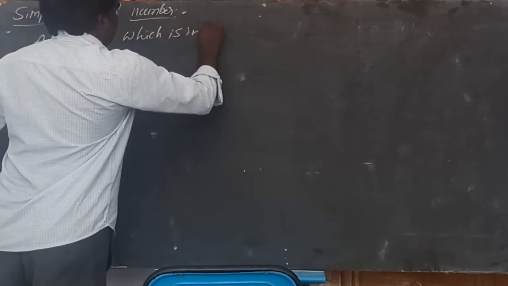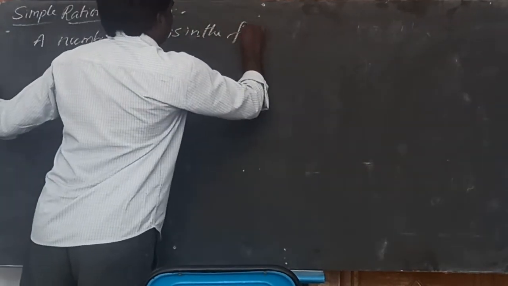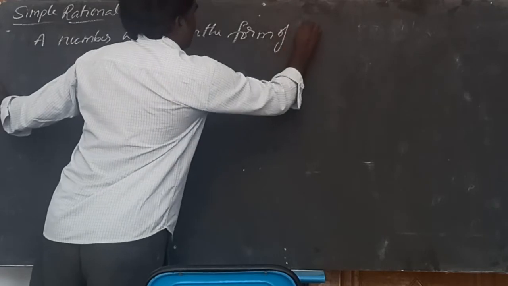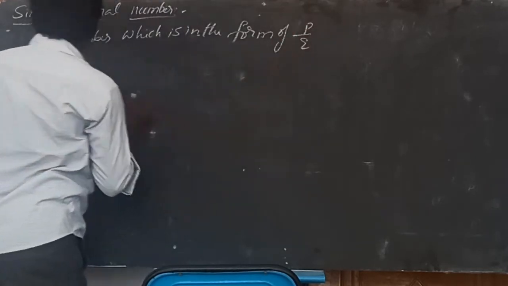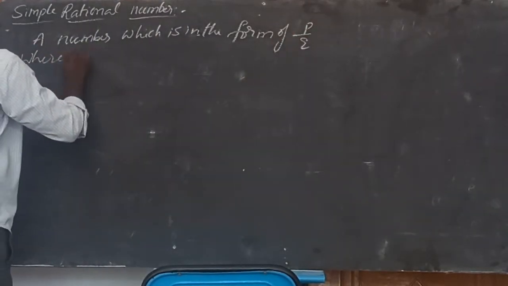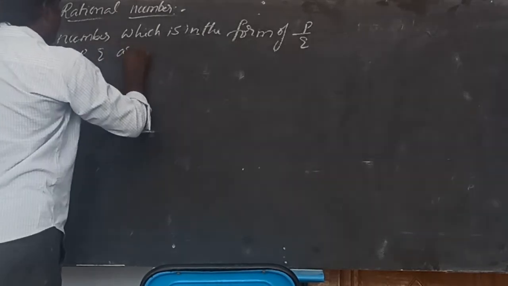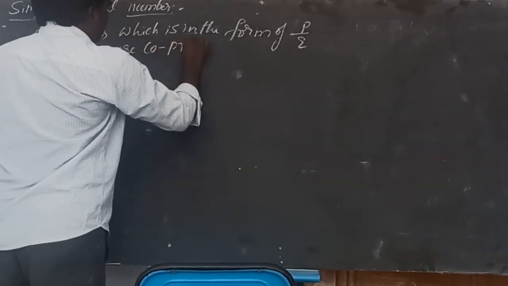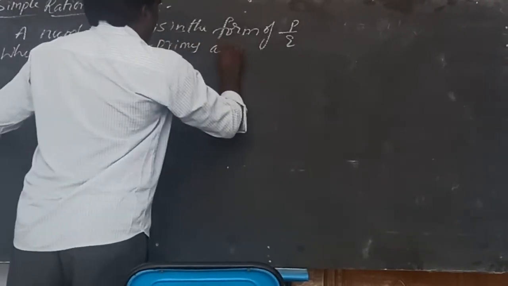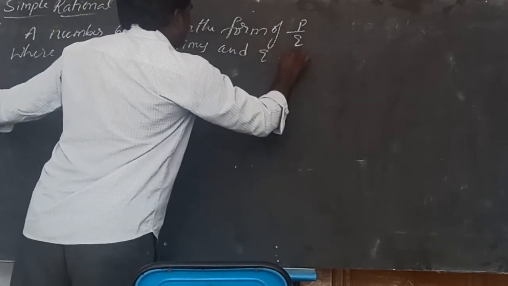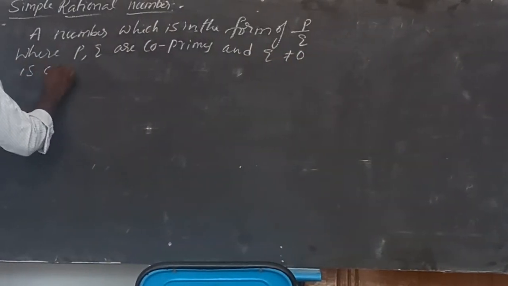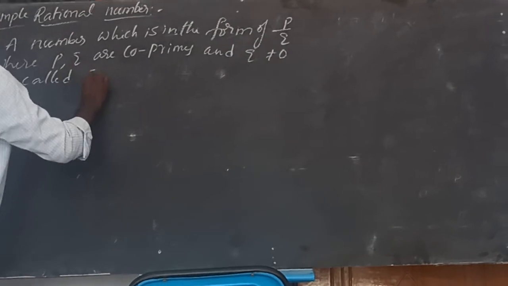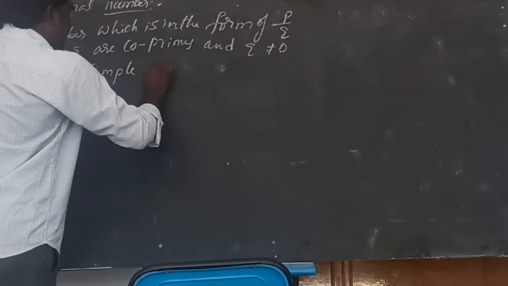A number which is in the form of P by Q, where P comma Q are co-primes and Q is not equal to 0, is called a simple rational number.